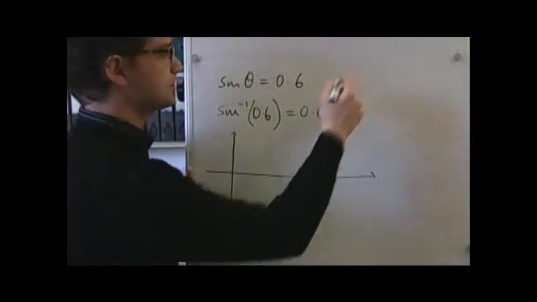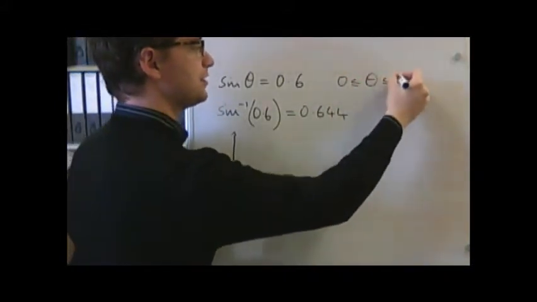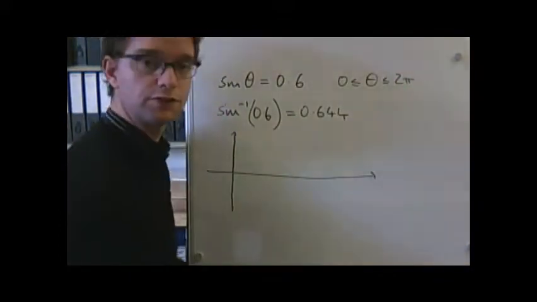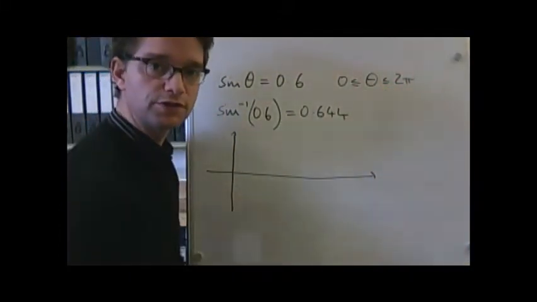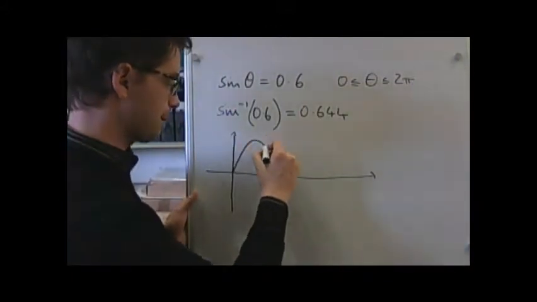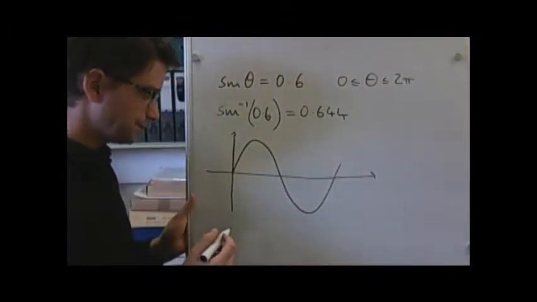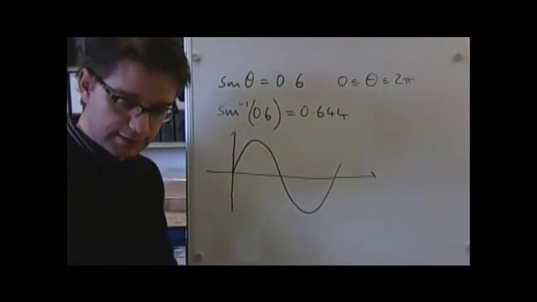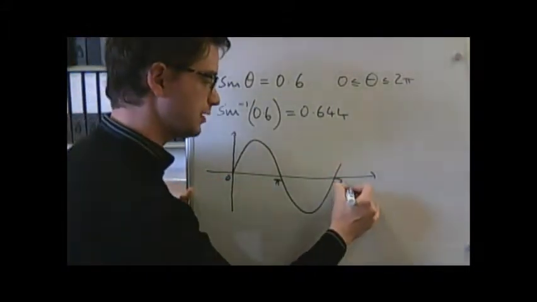And I should have said, we're looking for all solutions here in which 0 is less than or equal to theta is less than or equal to 2 pi. You'll always have some kind of range of solutions in which to find the answers to your problem. So I'm going to draw the sine curve like that, and it is cutting at 0 and at pi and at 2 pi.